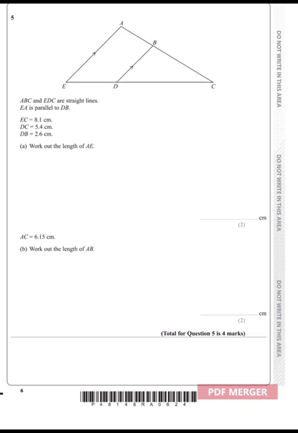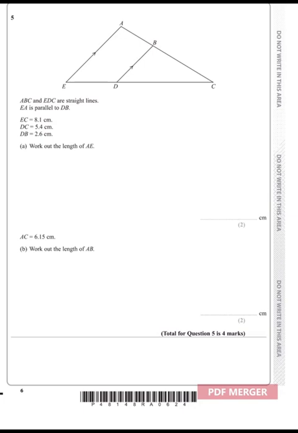This topic is similar shapes. So notice that the side EA is parallel to DB. We need to work out the scale factor from DB to EA. We also notice that EDC is a straight line. Now D is common in both ED and DC.